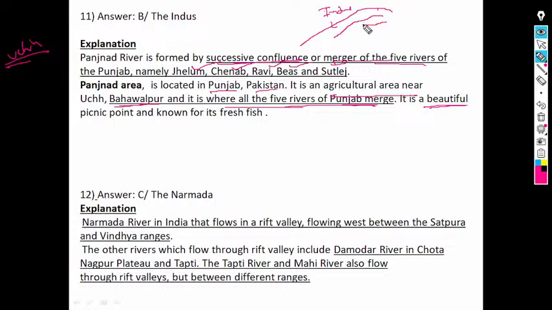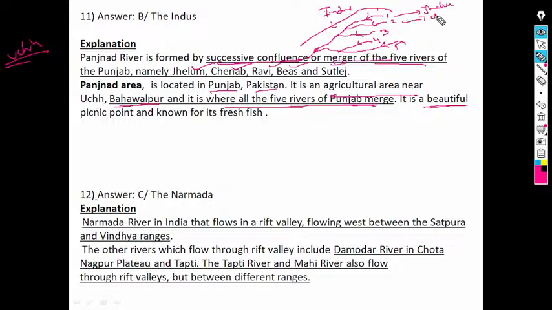Jhelum, Chenab, Ravi, Beas, Satluj: this is 1, 2, 3, 4, 5.